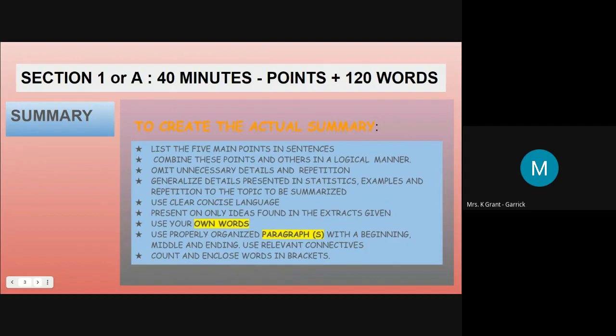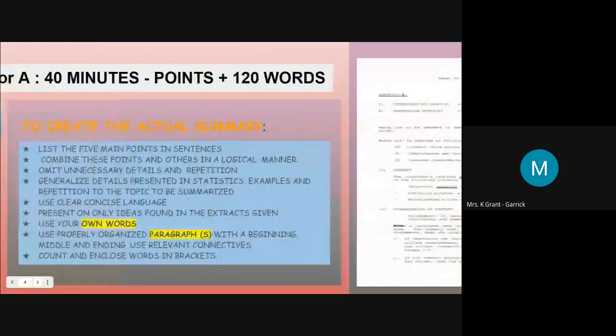And of course, you want to use relevant connectives throughout these paragraphs. The information that you write for the summary should amount to 120 words. And if you use a little over this or a little less than this, you're going to have to count. It's the only piece of work where you count the number of words used, and you're going to enclose this in brackets. Now, what is it that CSEC expects?